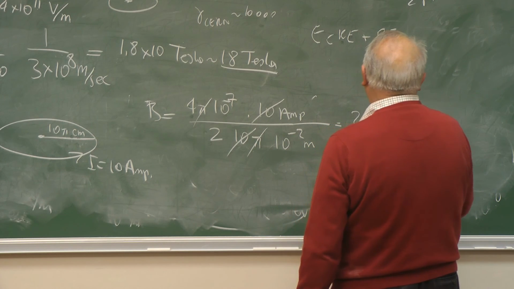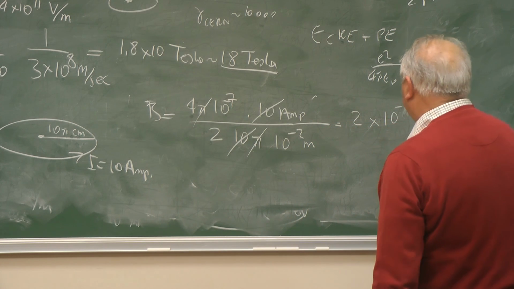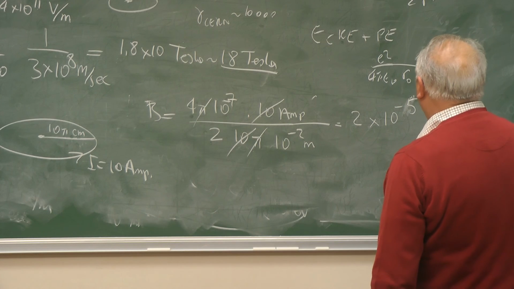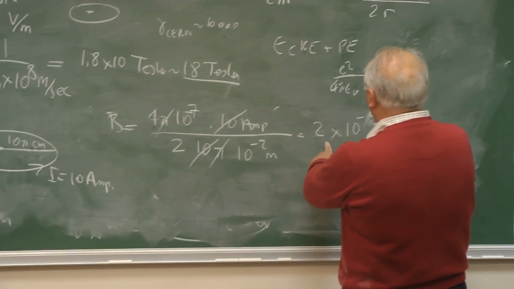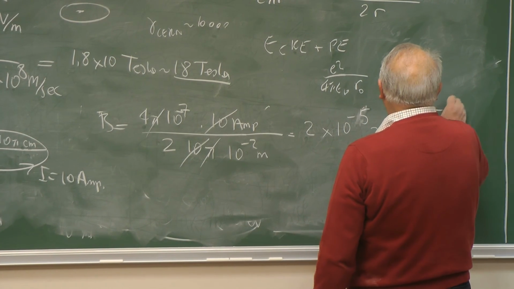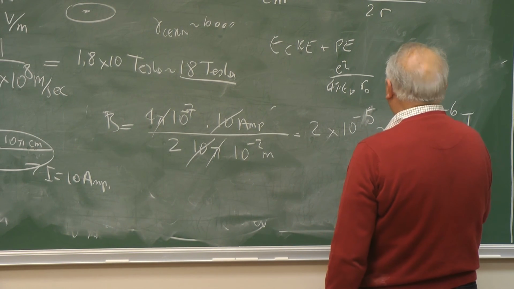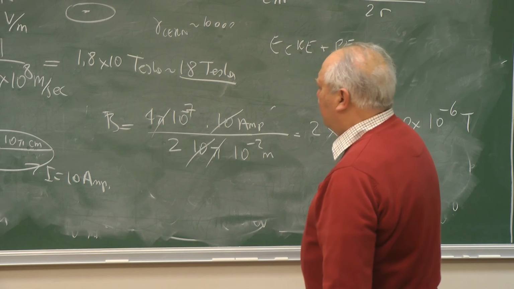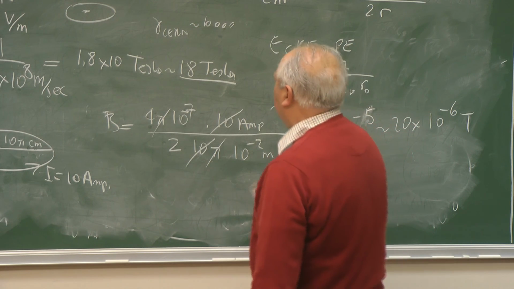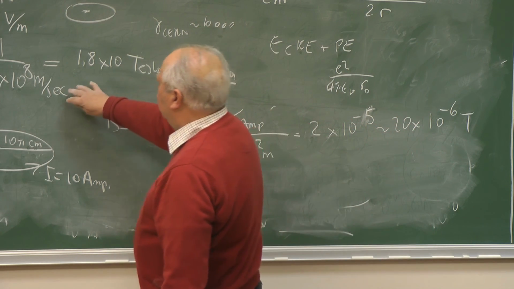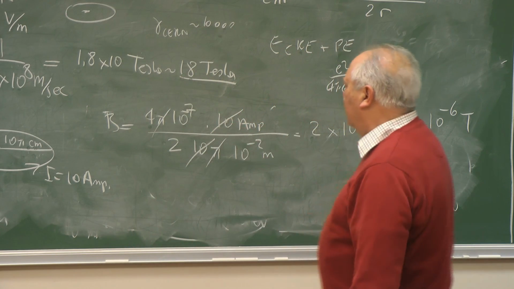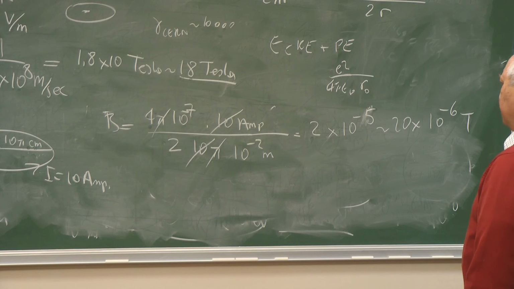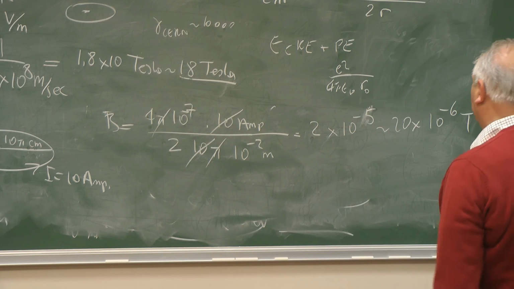So say 20 times, I multiply 10 divided by 10, 10 to the minus 6 Teslas. So let's compare with the atomic field, 18 Teslas. Actually, if you put in the numbers, it will come out to be less than 18, something like 12 or 13. It will be a bit lower.